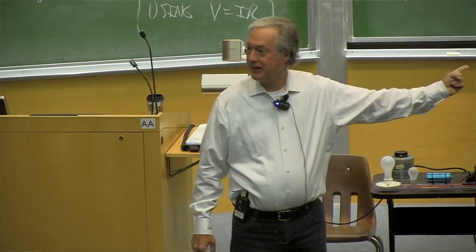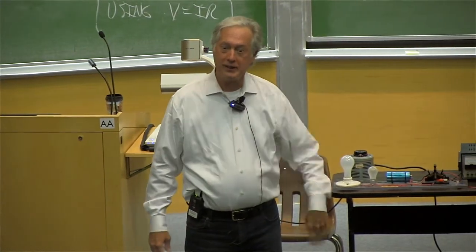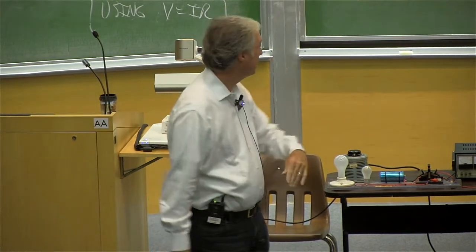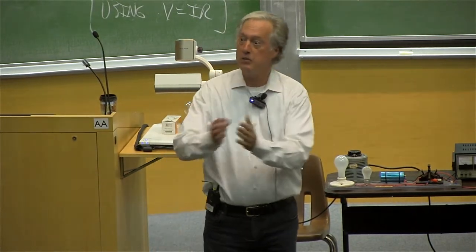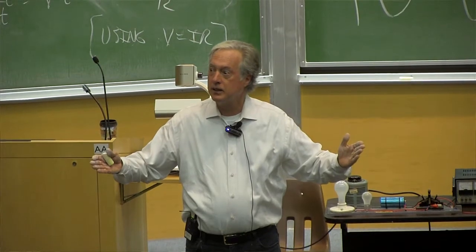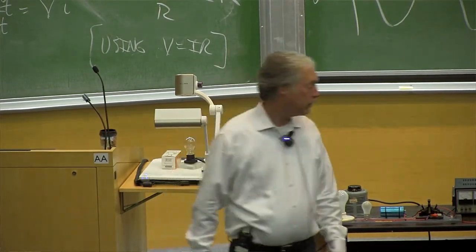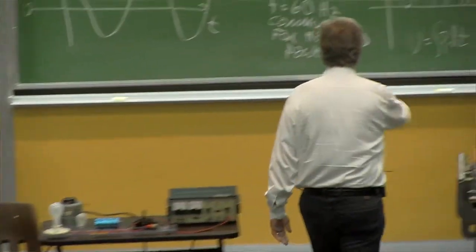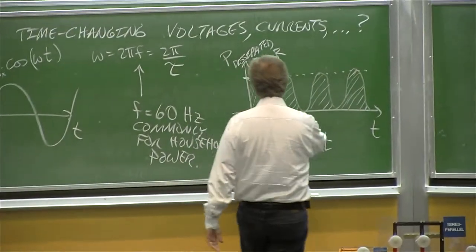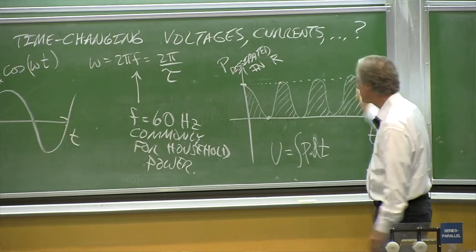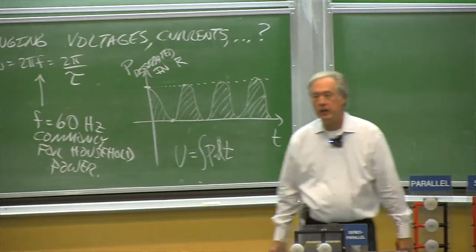Right? Length times width, height, voltage, power max times how long, and divide by 2. So if you do that, it says that the energy is half of the maximum power times the time it was on.